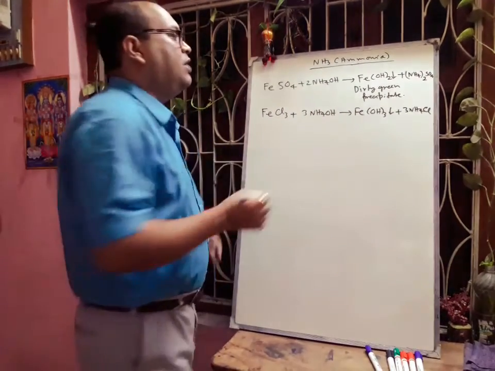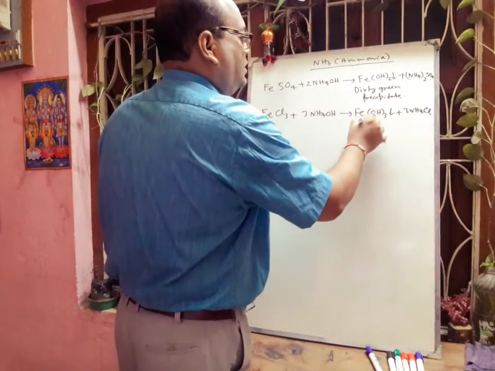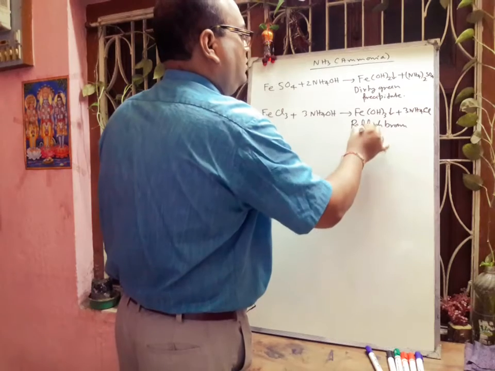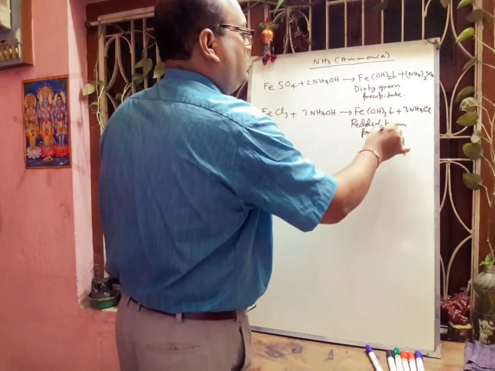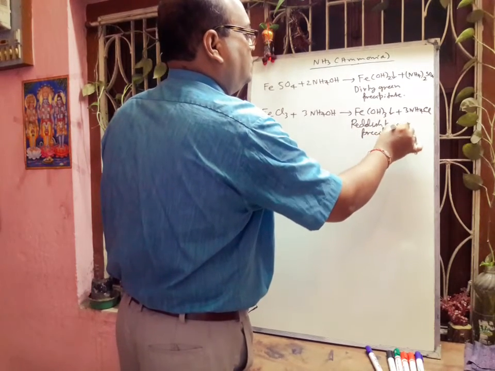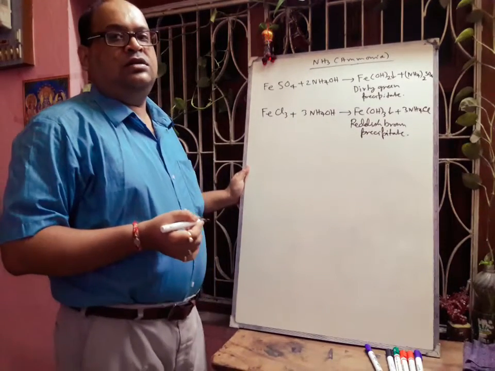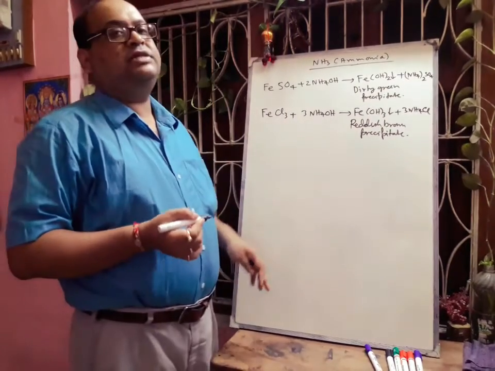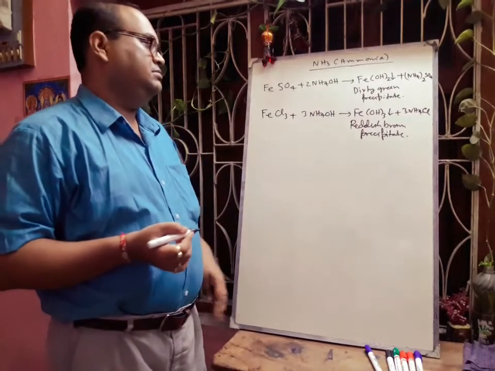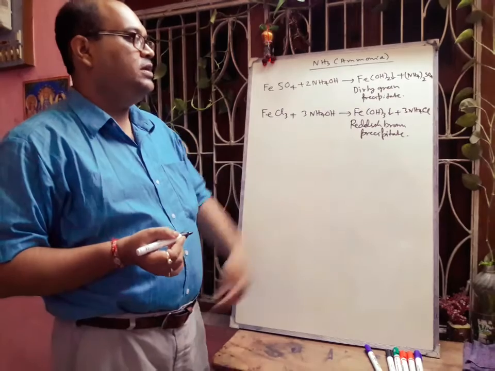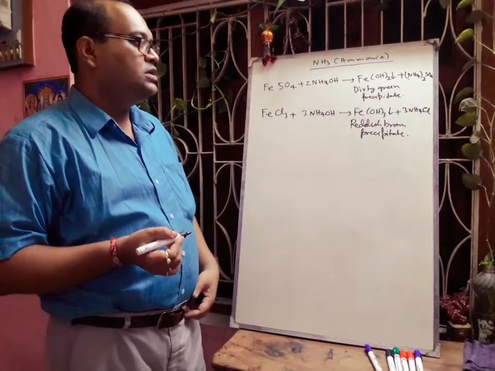That is the reddish brown precipitate. If we add excess ammonium hydroxide also, there will be same precipitation. It becomes insoluble and there will be no dissolution of this precipitation.